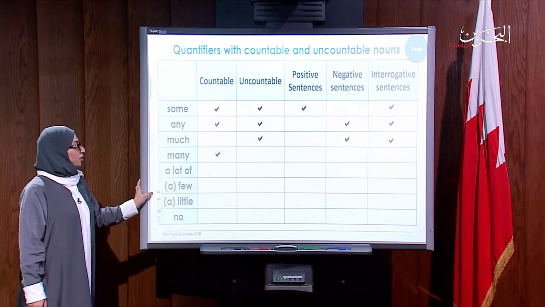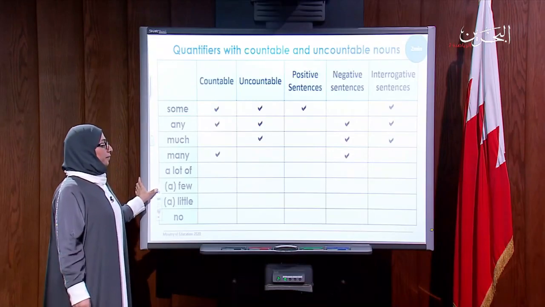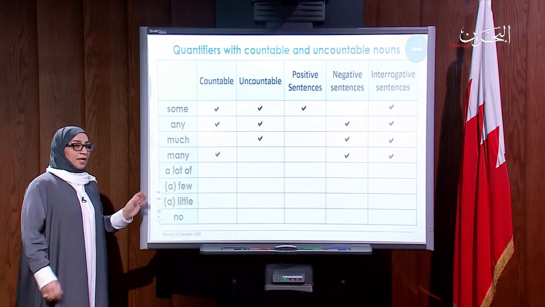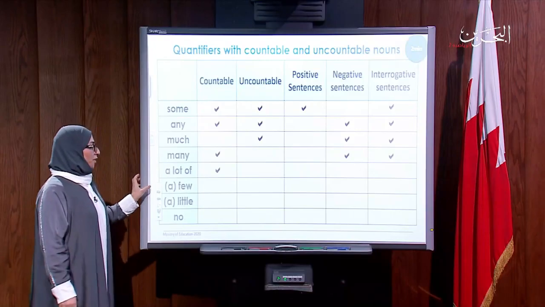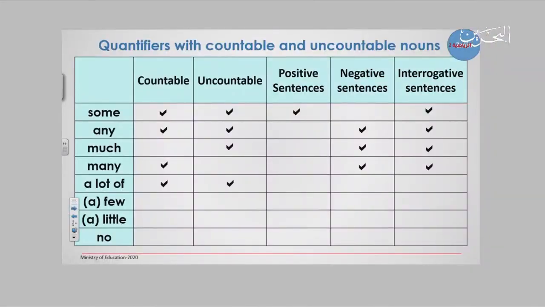Many, countable, I use it with countable nouns. Negative, and interrogative sentence. A lot of, I can use it with countable, uncountable, positive sentence. Few, I can use it with countable and positive sentence.